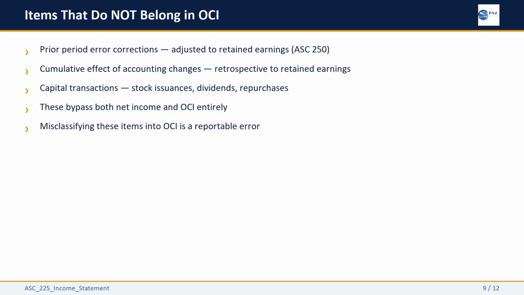And capital transactions, issuing stock, paying dividends, repurchasing shares, go straight to equity components and never touch income or OCI. Misrouting any of these items into OCI would be a misstatement. When in doubt, ask, is this a deferred or unrealized economic gain or loss? If not, it likely does not belong in OCI.